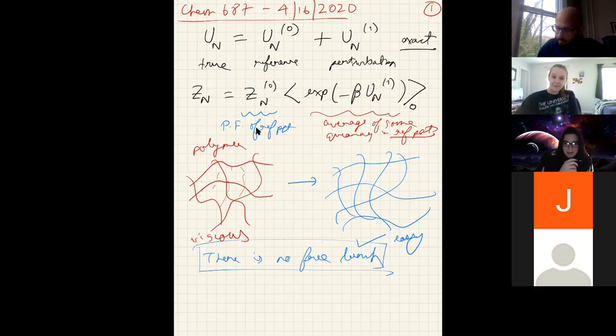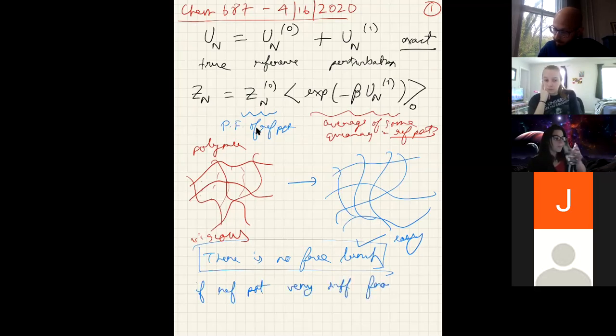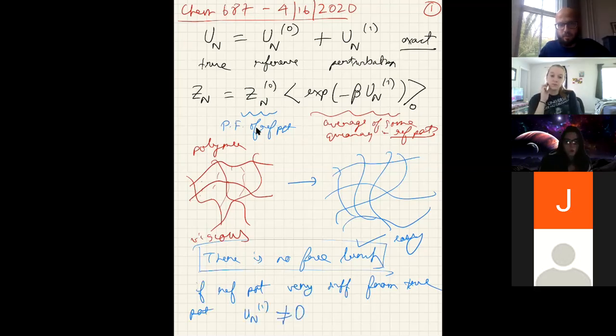And the problem is that if the reference potential is very different from the true potential, the term UN1 can be very different from zero. It can be a very small number, a very large number.